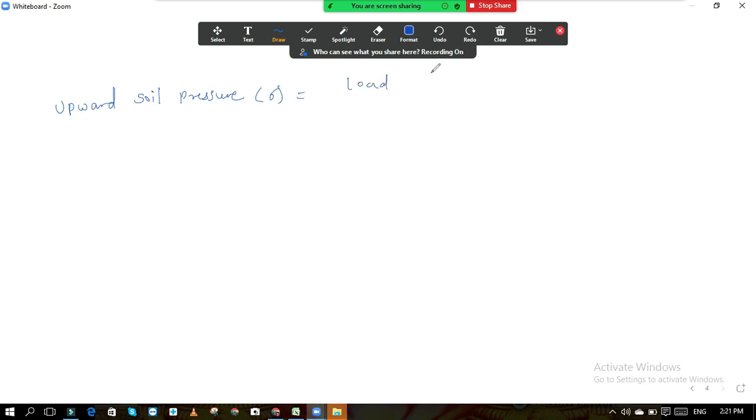So it is load on column divided by area of footing, which is equal to load on column 1500, area of footing 7.56. So what is the answer of this?